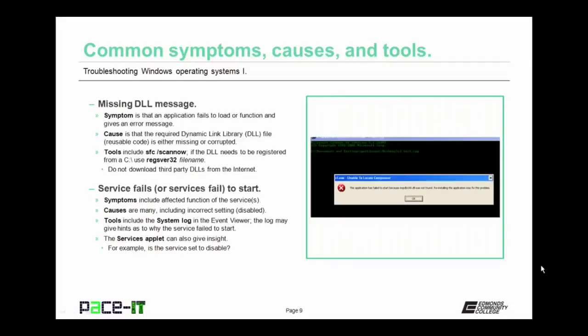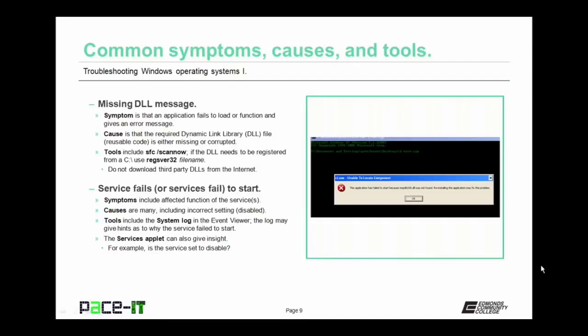Every once in a while, you'll get a missing DLL message, and the symptom here is that an application fails to load or function, and it gives you a missing DLL message. The cause is that the required dynamic link library file, which is reusable code, is either missing or corrupt. Your tools to troubleshoot and recover from this include System File Checker with the Scan Now option.